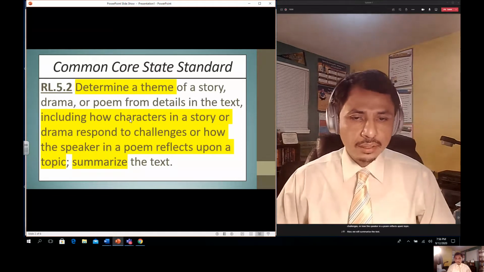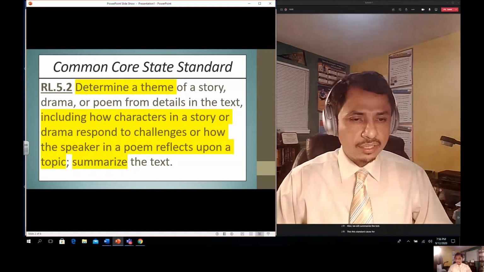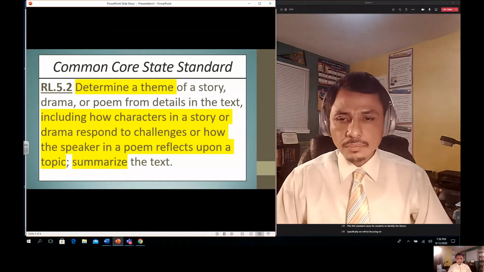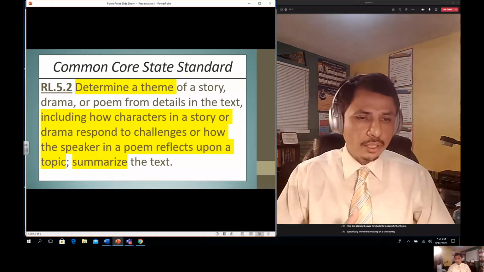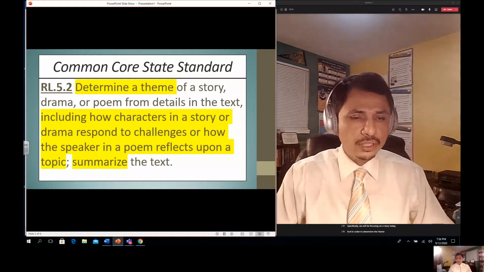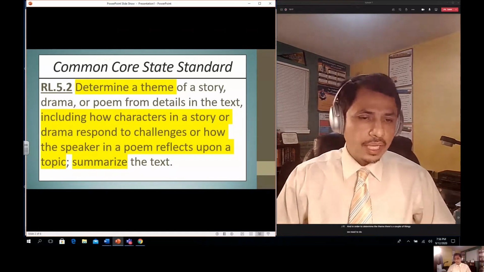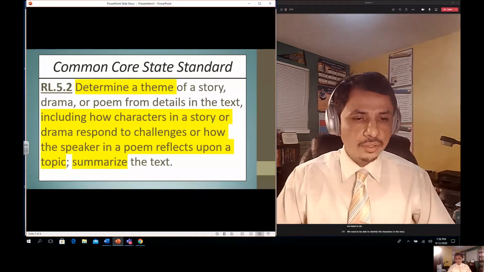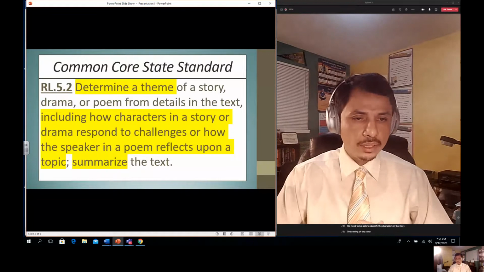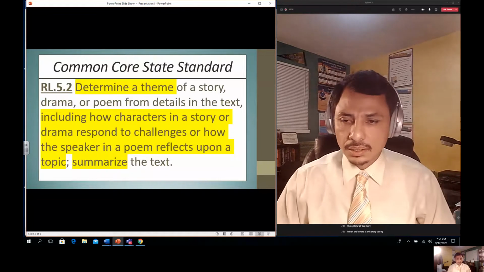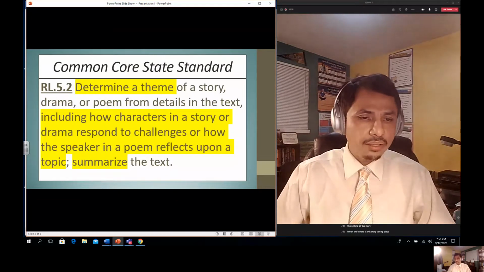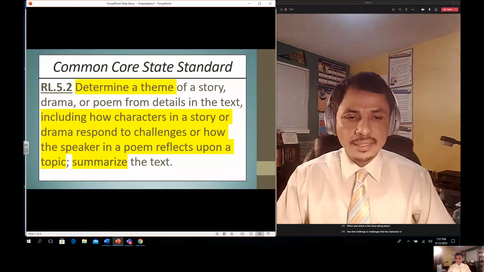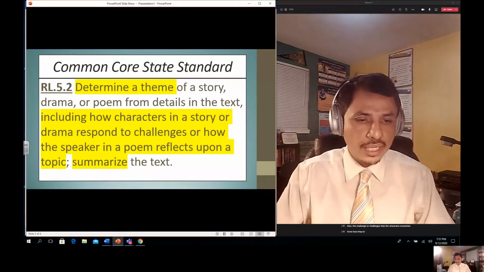This standard calls for students to identify the theme. Specifically, we will be focusing on a story today. And in order to determine the theme, there's a couple things we need to do. We need to be able to identify the characters in the story, the setting of the story, when and where is this story taking place, also the challenge or challenges that the characters encounter, and how they resolve those challenges.